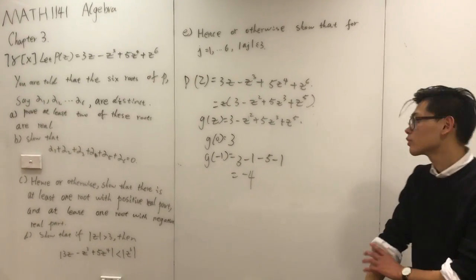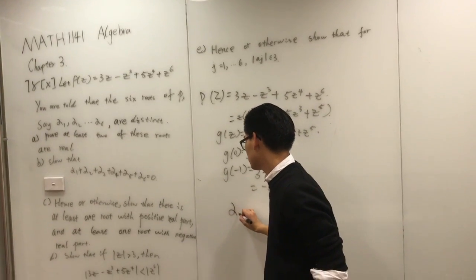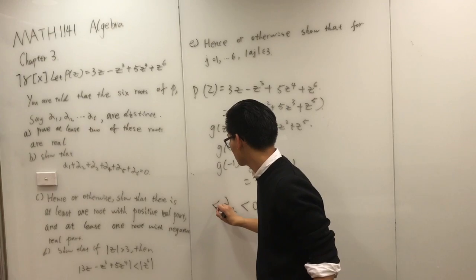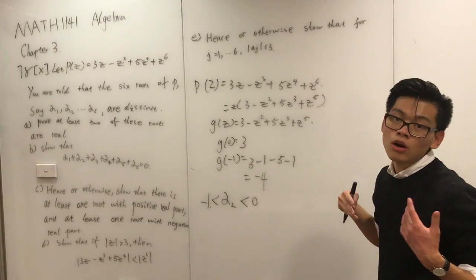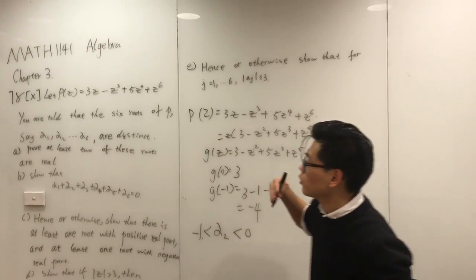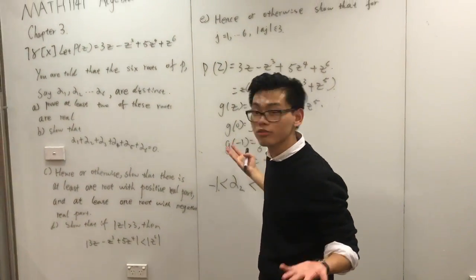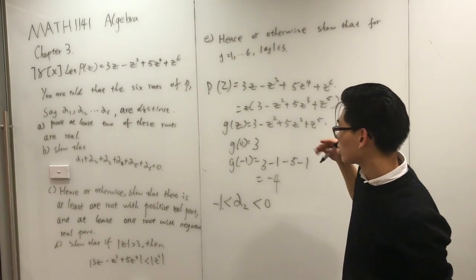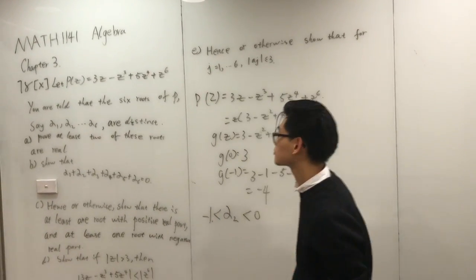So we can say alpha 2, another root, is between 0 and negative 1. So we finish the first part of the question. We prove at least 2 of these roots are real. One is 0, and one is between 0 and negative 1 by continuity.